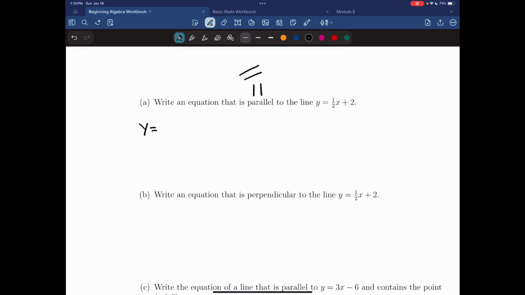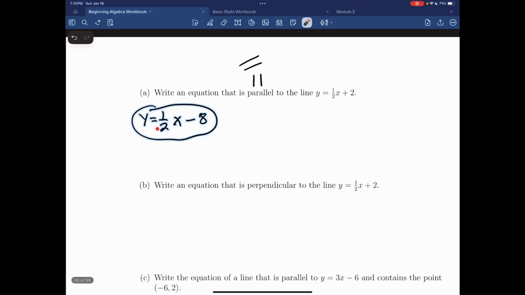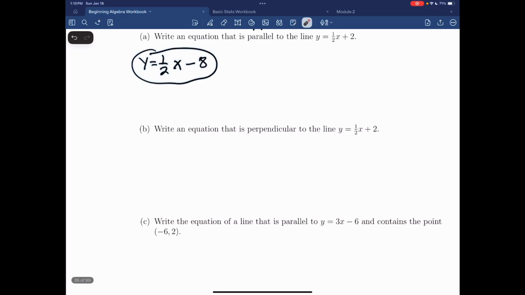So y equals 1/2 x, and then you can write any y-intercept you want as long as it's not the same y-intercept. So we can do +1, +100, -4, -3, -7, -8, whatever you want. So I'm going to say -8. This is my answer, but I encourage you to write a different answer or multiple answers if you want. As long as it has the same slope and a different y-intercept, it's correct.